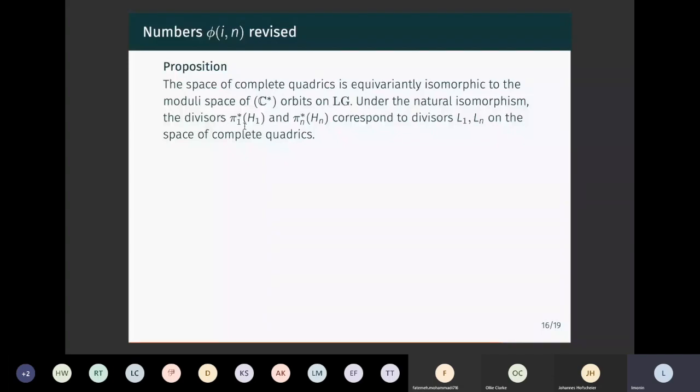And also the classes which we consider there to define this function phi are very natural in terms of complete quadrics, namely they are divisors L1 and Ln on the space of complete quadrics.